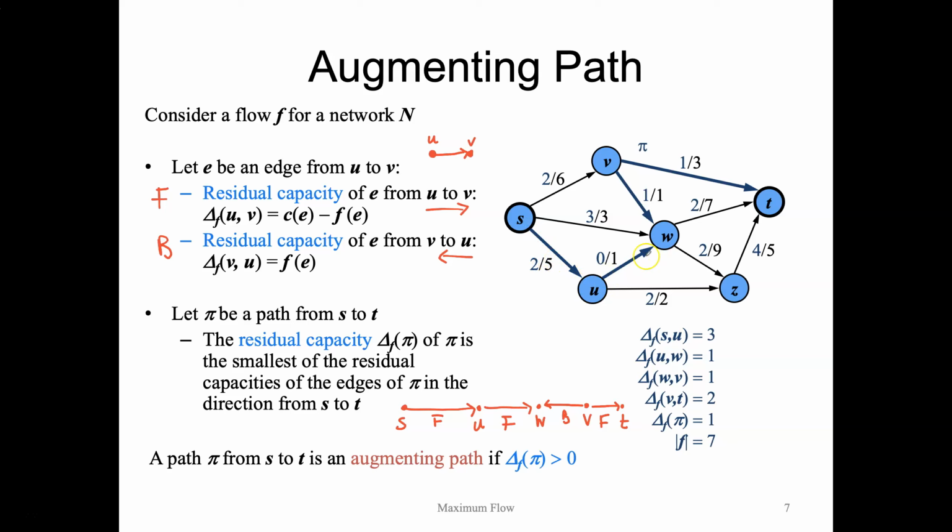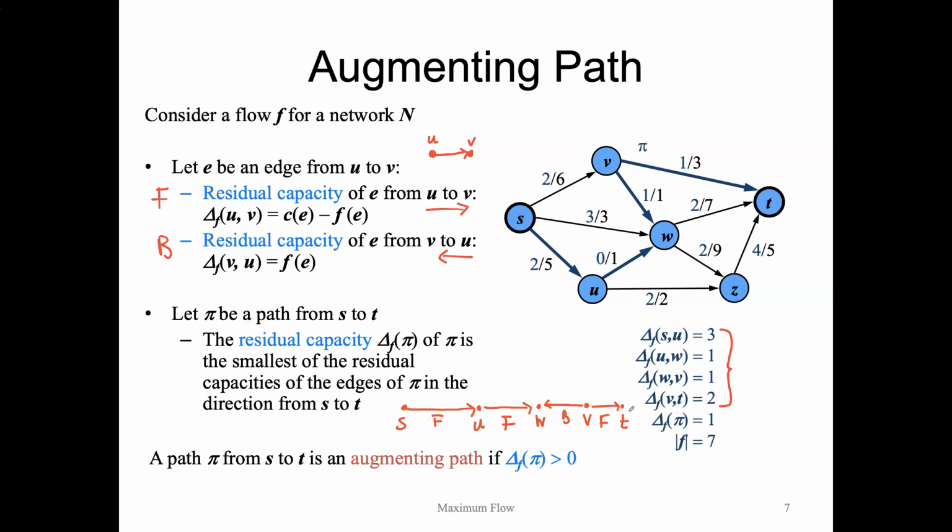From U to W, its residual capacity is 1. From W to V, because we're already sending 1 unit of flow through this, we could send 1 unit of flow back. And from V to T, the residual capacity is 2. So the smallest value among all of these is 1. This is the residual capacity of the entire path.